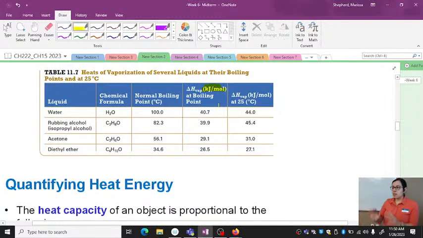You could see kilojoules per gram, though, or a different energy unit. So just always pay attention. This is at the boiling point. Your heat of vaporization at 25 degrees Celsius is a little bit different. I would probably just ignore this for the most part. This is the number we're usually interested in. You can see isopropanol has a little bit lower delta H of vaporization, and just acetone and ether for comparison.